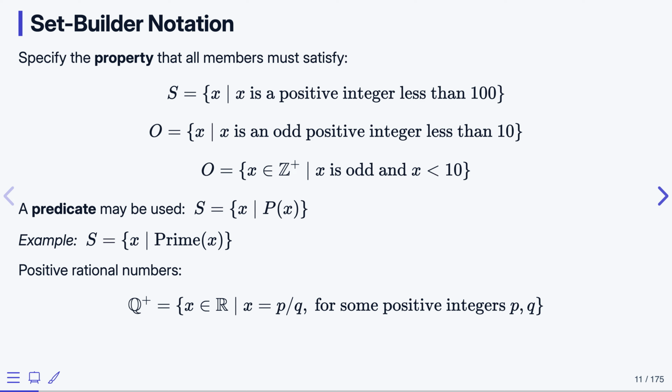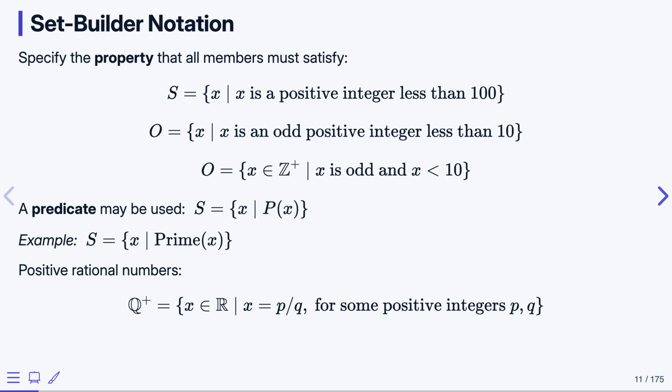For example, S is the set of all x such that x is a positive integer below 100. The same set O can be written 2 ways. All x such that x is an odd positive integer below 10. Or more compactly, all x drawn from the positive integers such that x is odd and x is below 10.